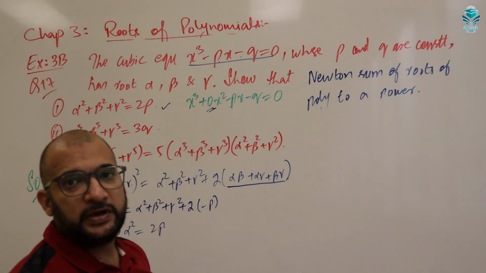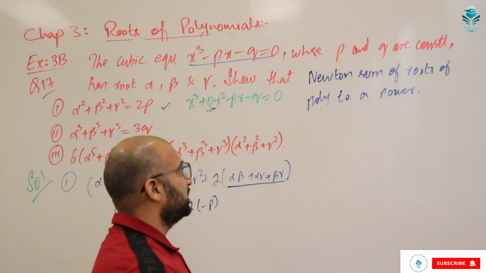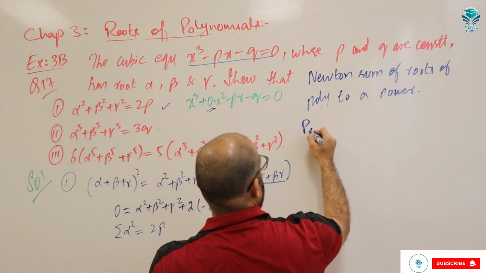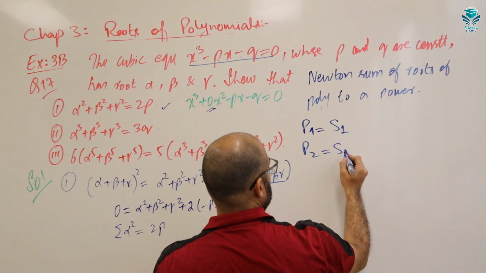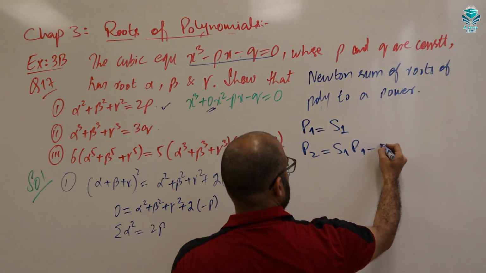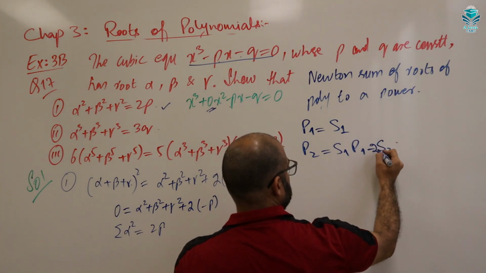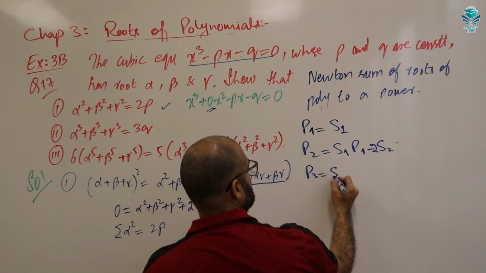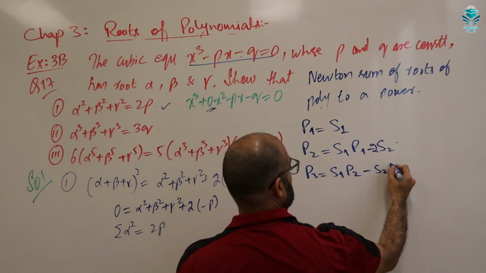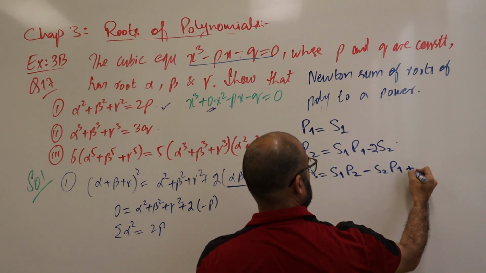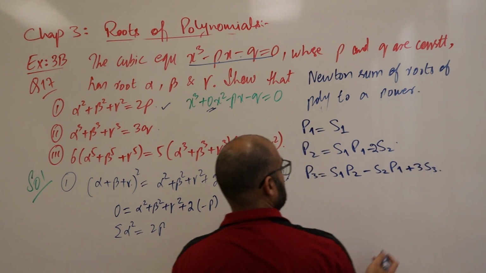The relation between pk and sk is: p1 is s1, p2 is s1 p1 minus 2 s2, p3 is s1 p2 minus s2 p1 plus 3 s3.